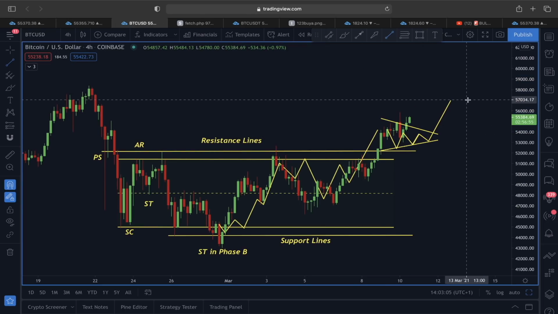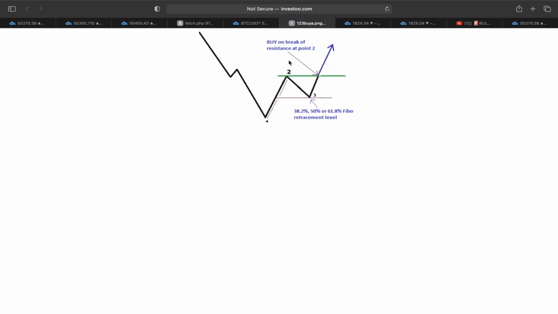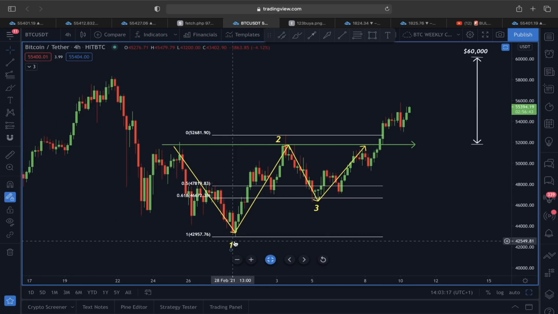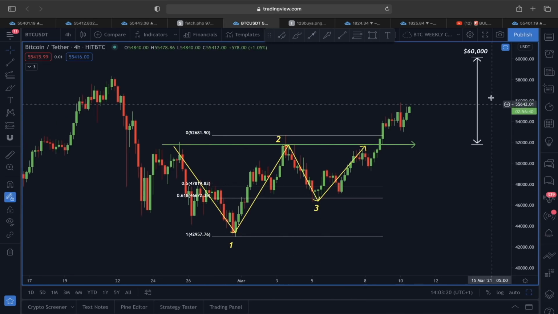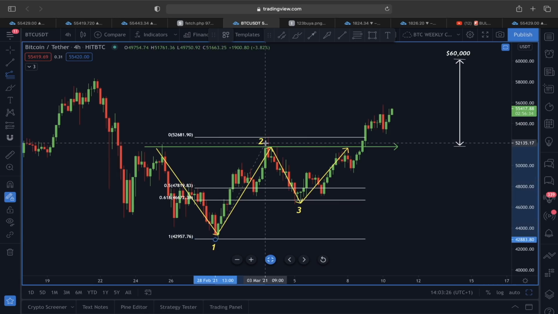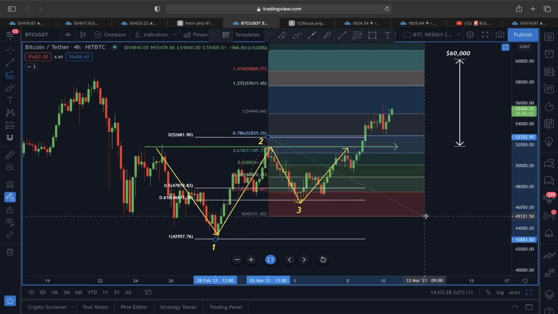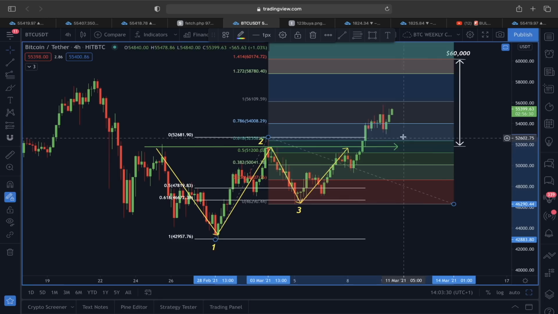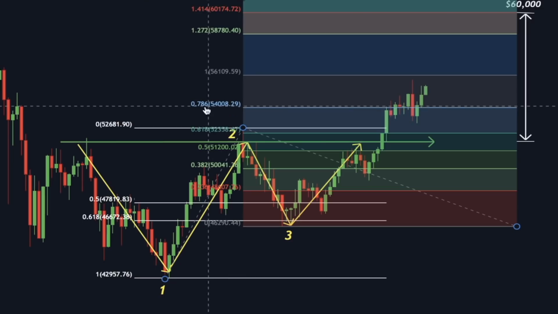And also if you want to look at this potential price target right now, for that what I'm actually going to do is I'm going to look at this 1 2 3 reversal scenario again, because yesterday I showed you, guys, according to this 1 2 3 reversal, the price target of Bitcoin is going to be around 60,000 price area. So for the potential price target at this current stage, or the pullback scenario, if we are going to see any, right now I will be looking around this 0.786 Fibonacci extension level, which is going to be around 54,000 level.